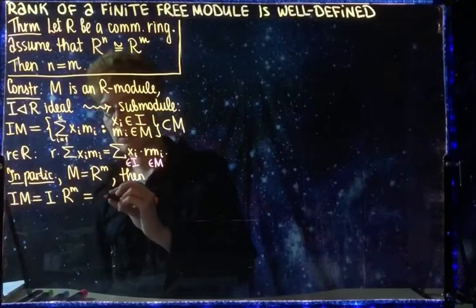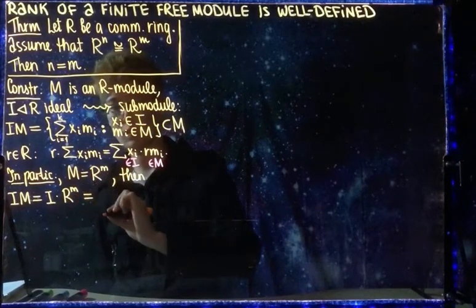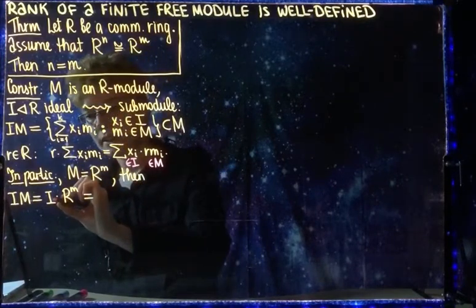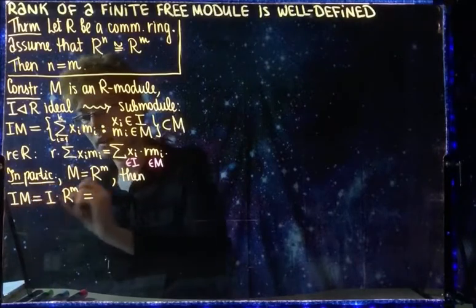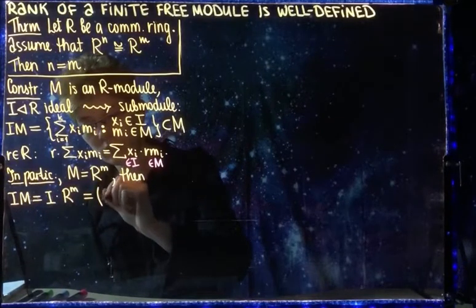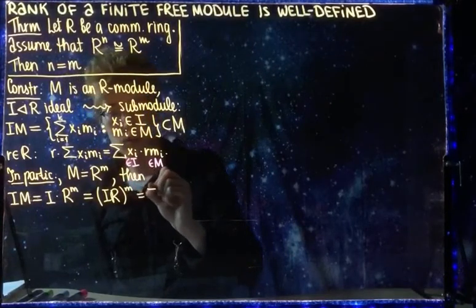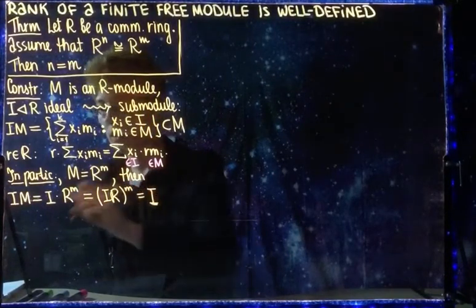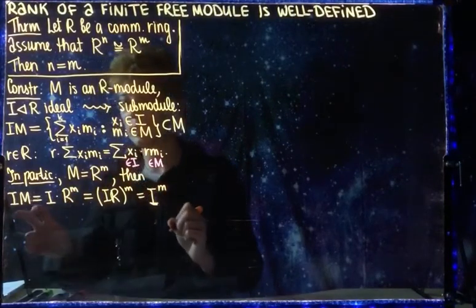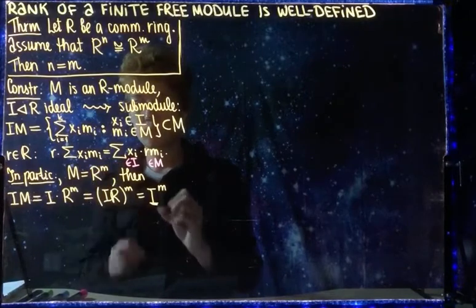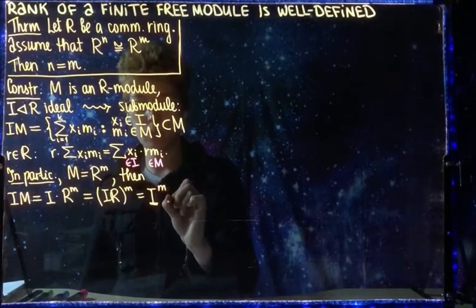So since R^m is generated by the standard basis vectors, then I times those standard basis vectors would generate IR^m. So I can write this submodule of a free module with coefficients in I as m-tuples of elements from the ideal I.